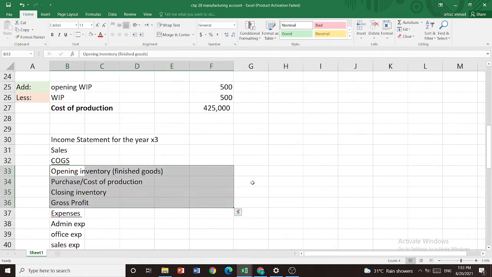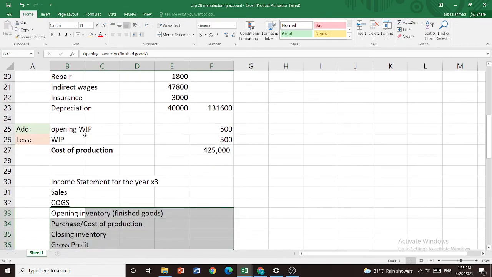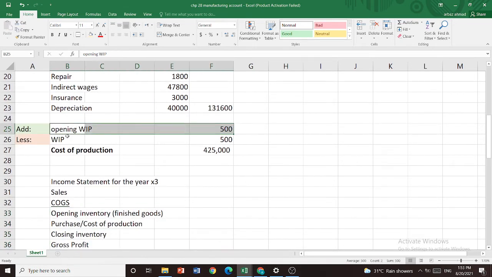So what you should do is have a separate section where you can classify that these goods are halfway done but not fully done.